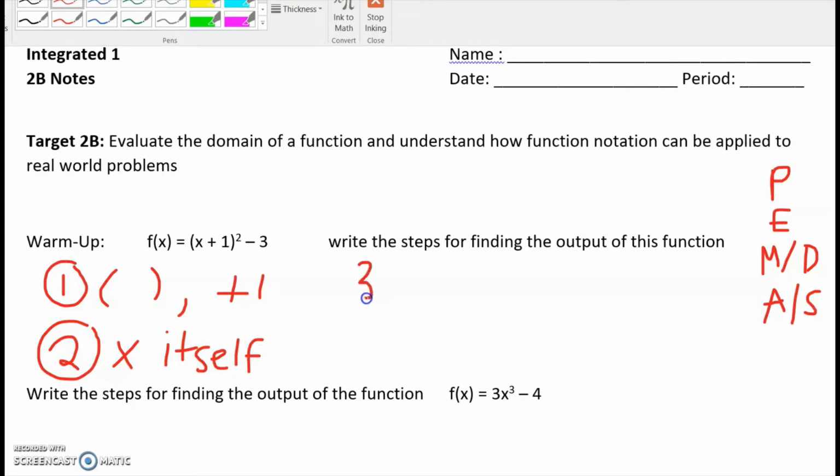Our third and final step is to do that subtraction, because that comes last. So we would take whatever number we have and subtract 3. This one isn't actually giving you any inputs. All you're doing is writing the steps of how to take your input to get your output.